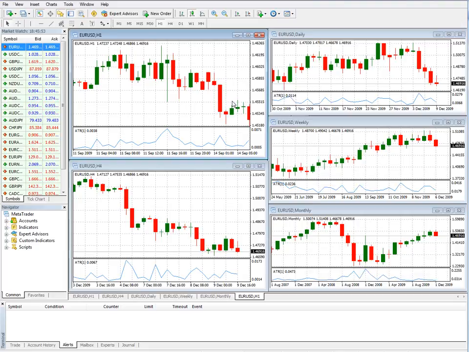One word of caution with regard to a demo account is that don't get wild in the demo account. Okay, what I mean by that is that you should keep your risk at the same levels that you will have when you trade your actual account, when you open up your real money account.